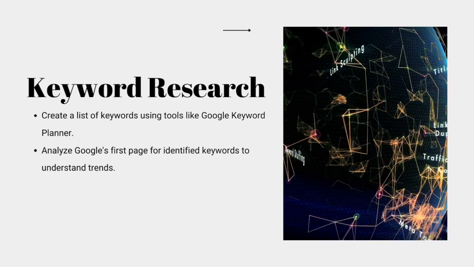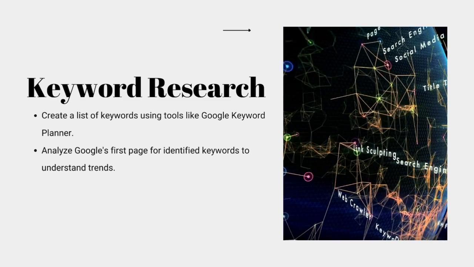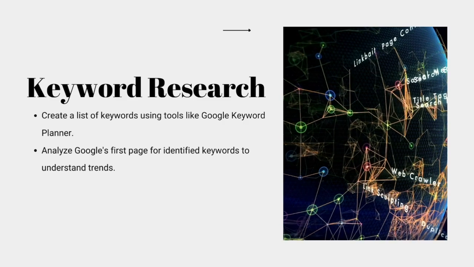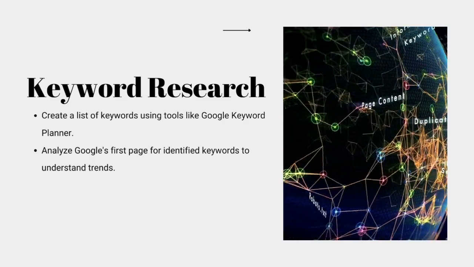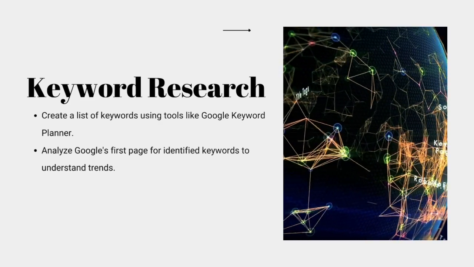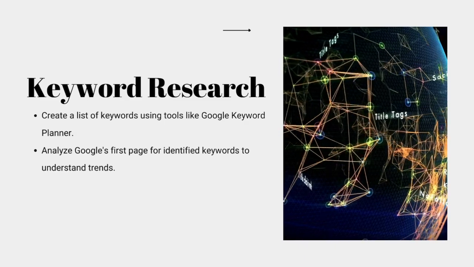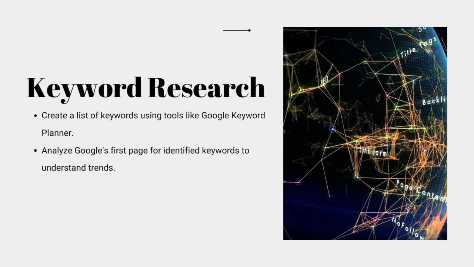A good thing about these is that they originate directly from Google. Of course, you can use some of these tools, as I said before, but these keywords will come from your own research and directly from Google. So that's just a perfectly fine way to go ahead and find some of those keywords that you might need.